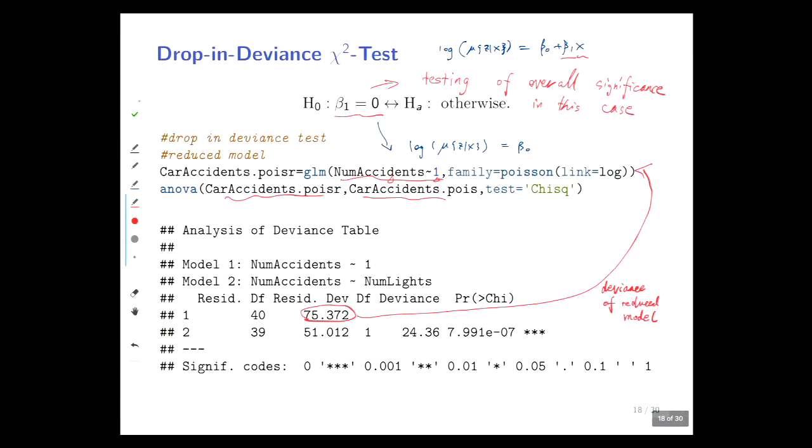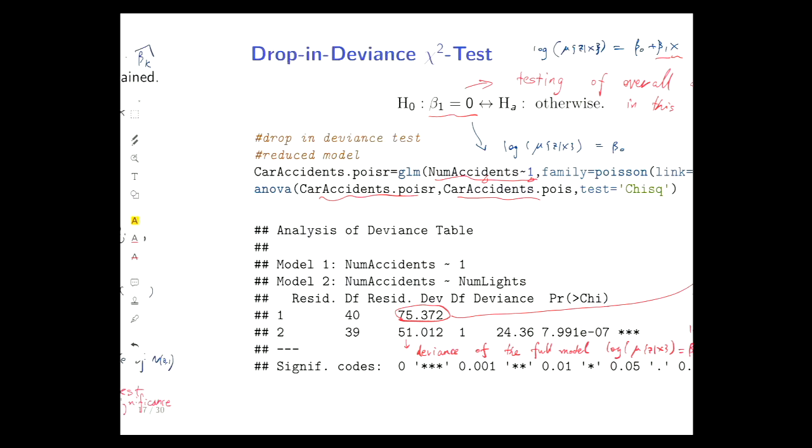So maybe I can write down what's the reduced model and what's the full model. The reduced model here can be simply expressed in this way. And this is the deviance of the full model with the one explanatory variable.